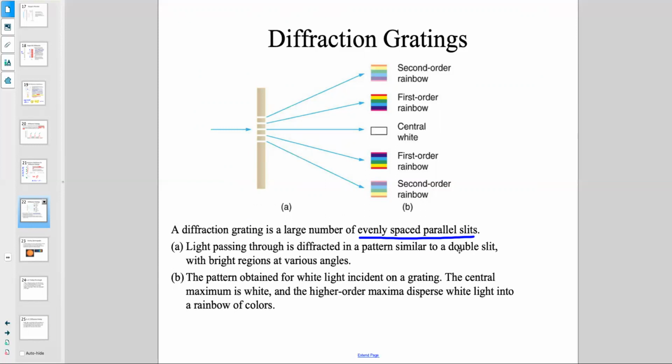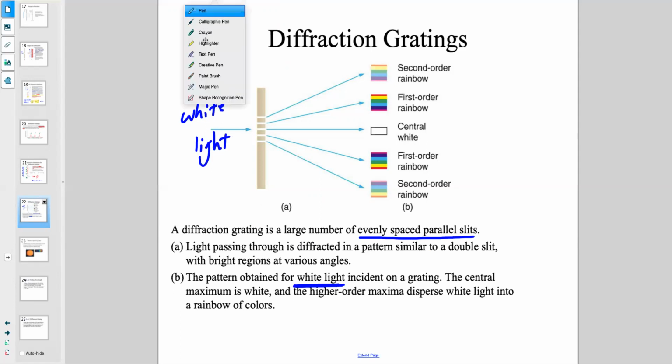The pattern obtained from white light incident on the grating, this is what I was going to talk about. So this is white light coming in, white light going in. The central maximum is white, so this is very important. The central will always be white if you have white going in.